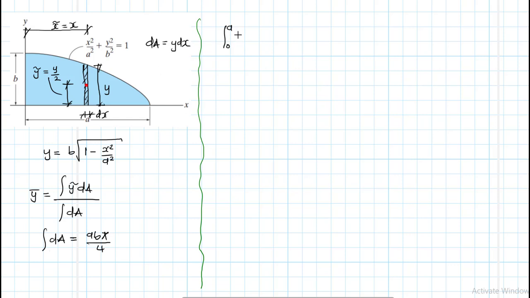Then y cubed is just y over 2, times our dA, which is y dx. We are just solving the top part because the bottom we already know.